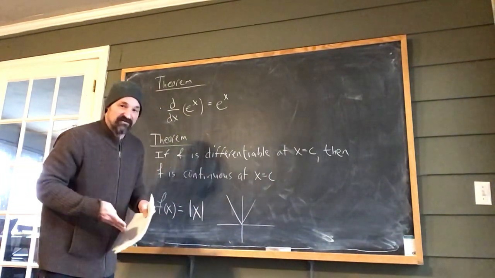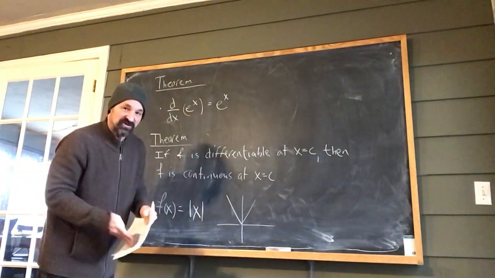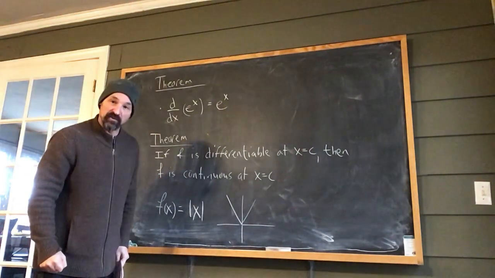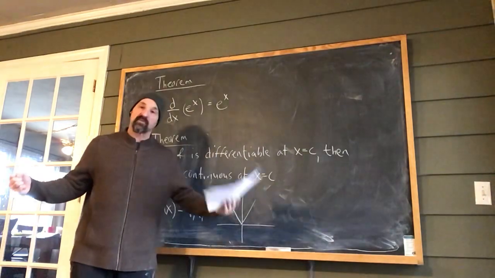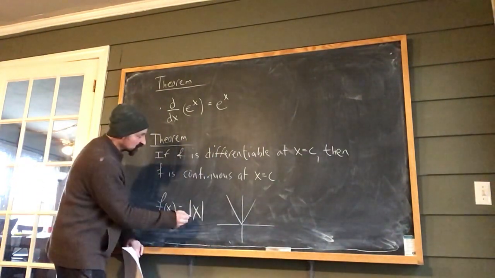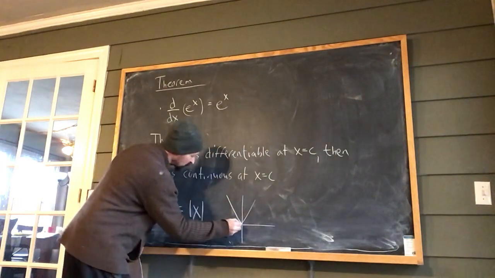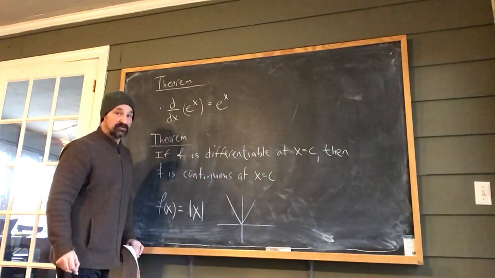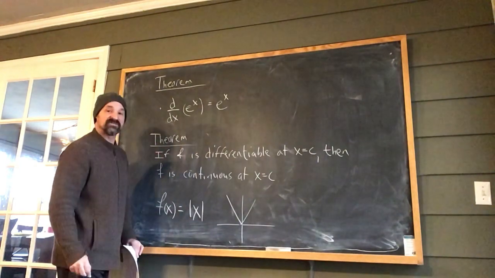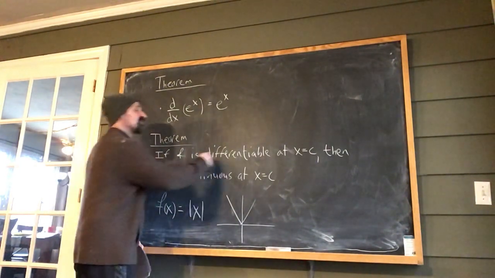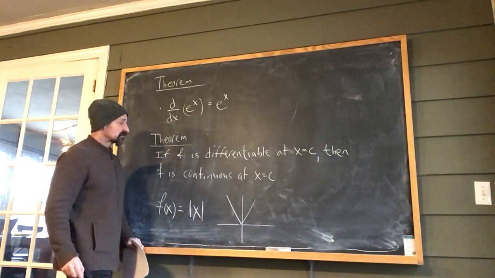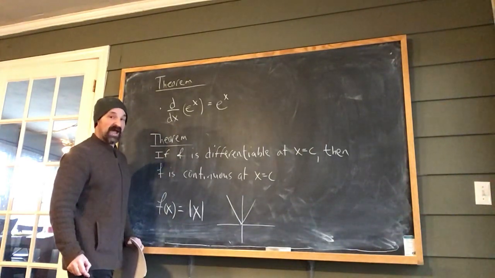We said if a function has a graph that's got a corner in it, then it's not differentiable there because the left-hand limit and the right-hand limit did not agree. So this function is not differentiable at x equals 0, but it is continuous there. The limit is equal to 0, the function value is equal to 0. So this theorem: differentiability implies continuity, but continuity does not imply differentiability.